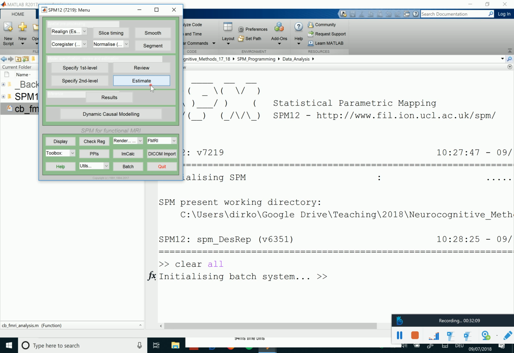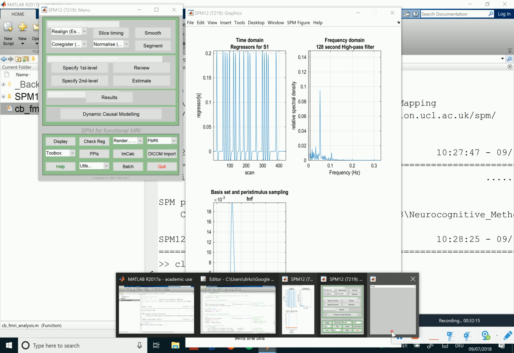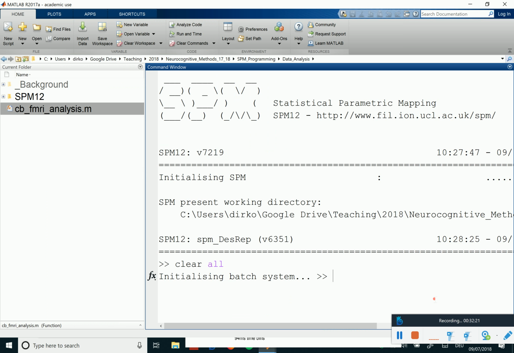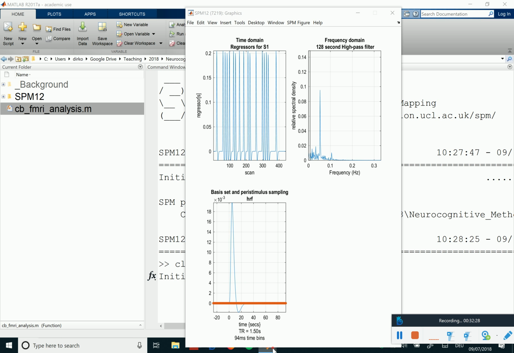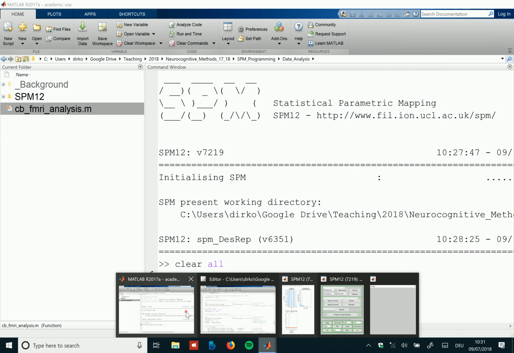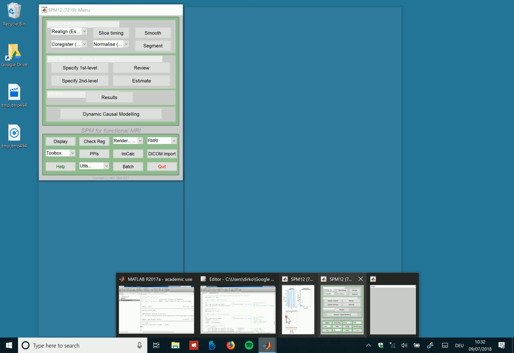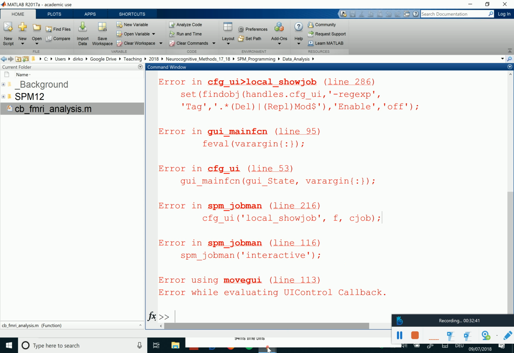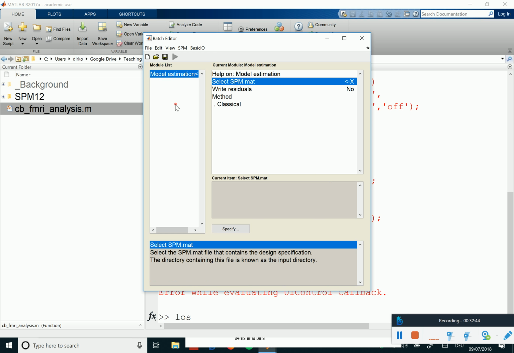So if we want to estimate a GLM, this is why I'm bringing this up: you essentially just specify which GLM you want to estimate.